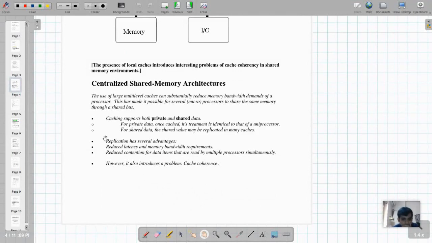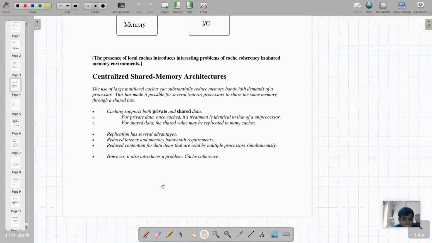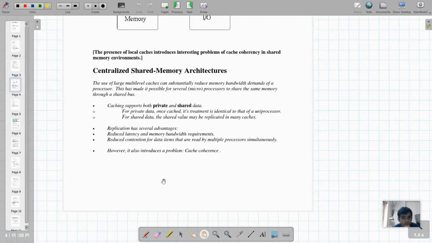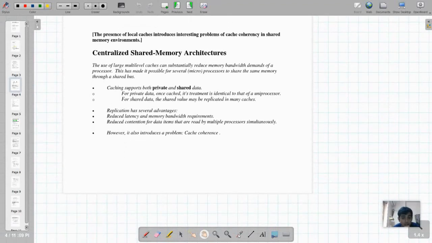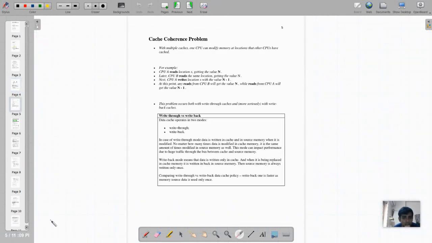Now, this also introduced a peculiar problem called cache coherence. So how does it look like?